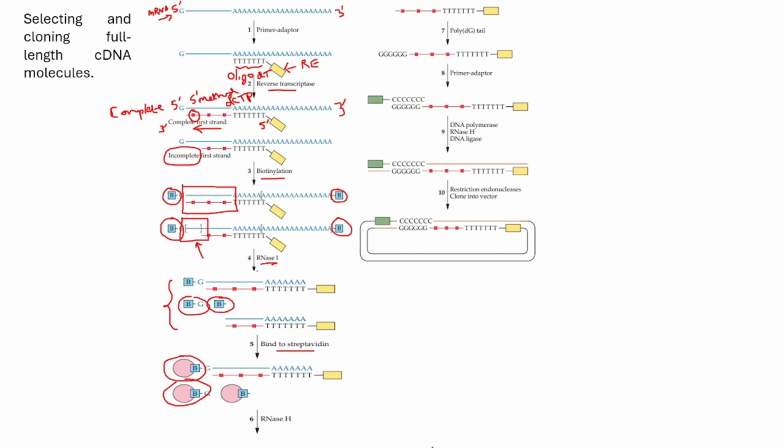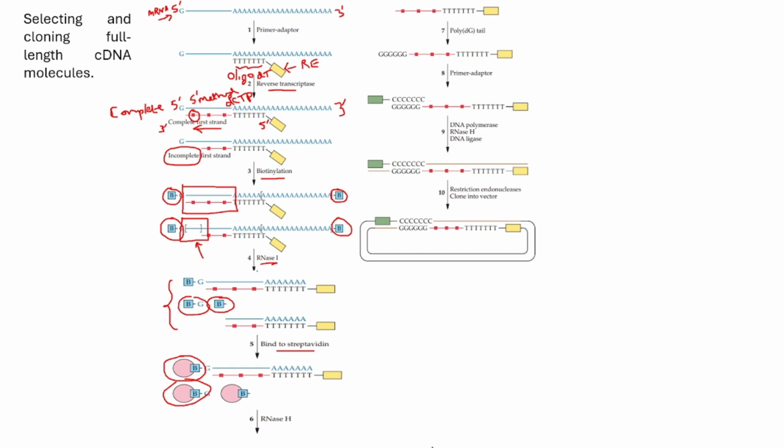Okay, so now what is the purpose of attaching it? Now you know that your sample contains two types of molecules. One is the complete strand and the other is the incomplete strand, which has been cleaved by the RNase 1. But you need to separate both the strands, right?